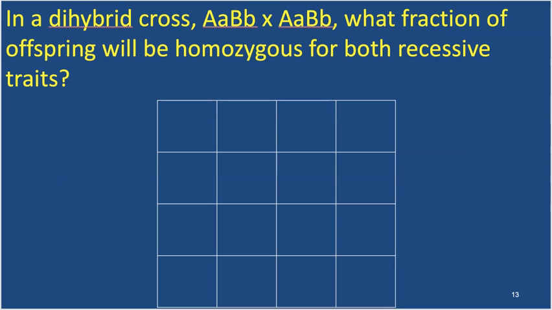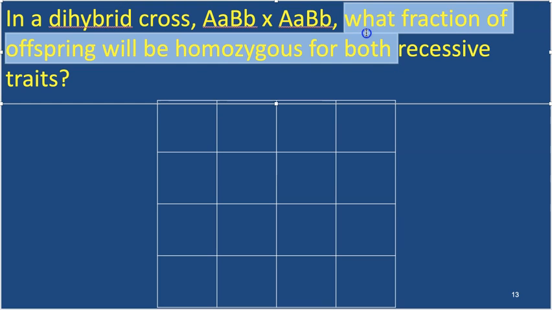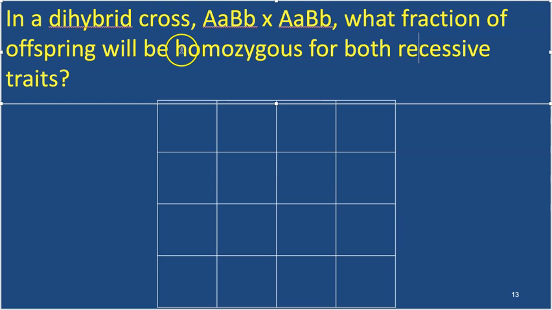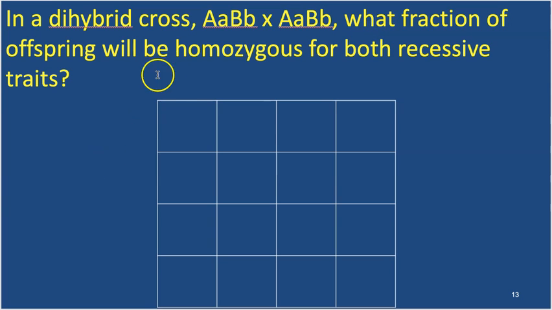So here's an example where basically what we want to do is count a specific type of offspring, and that is the homozygous recessive offspring. This is going to be another cross of the heterozygous for both trait parents. So basically, I can do this FOIL method once again.